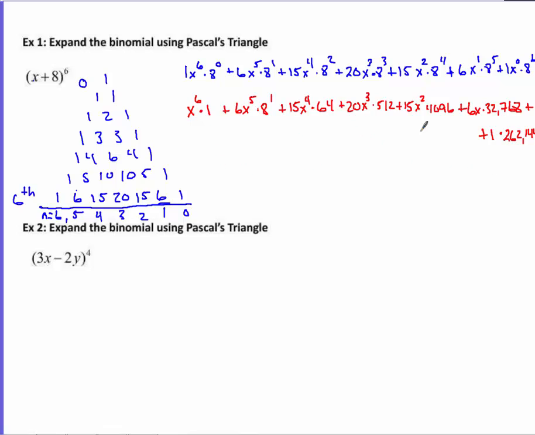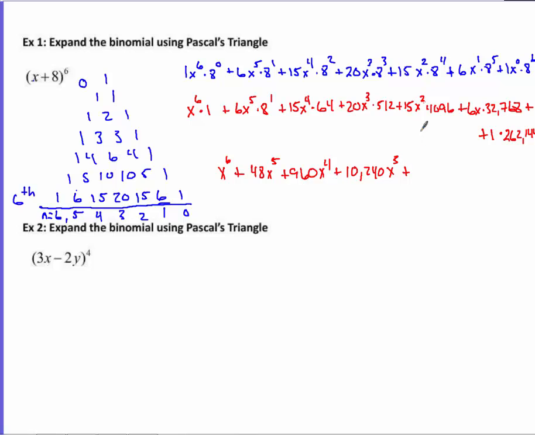So x^6 times 1, x^6 plus 6 times 8 is 48x^5. 15 times 64, 960. 512 times 20 is 10,240.